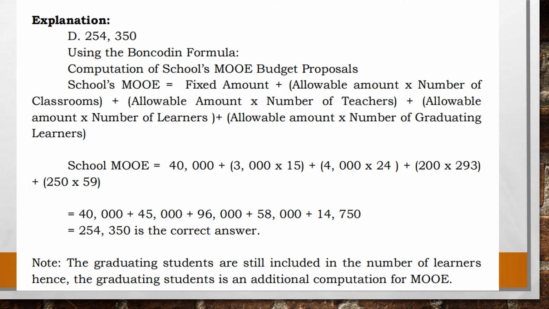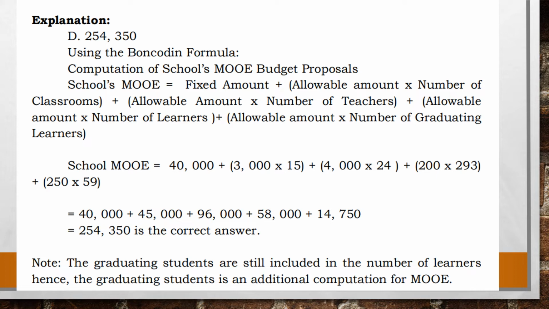then plus allowable amount times number of classrooms, and plus allowable amount times number of teachers, plus allowable amount times number of learners, plus allowable amount times number of graduating learners. We have to take note in the table, kung makikita natin sa table kanina, there are allocations or allowable amount per factors.